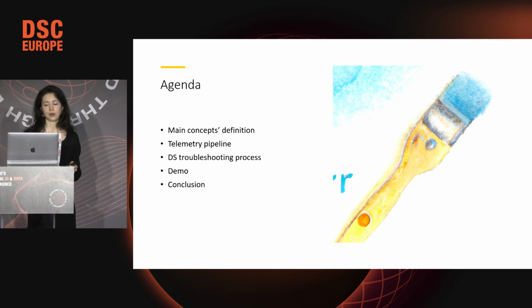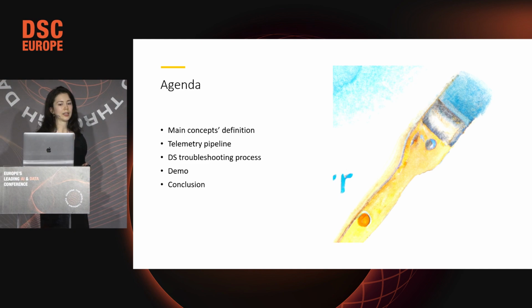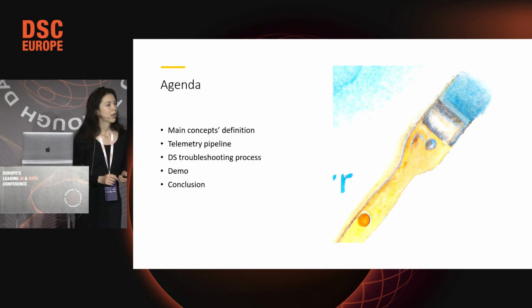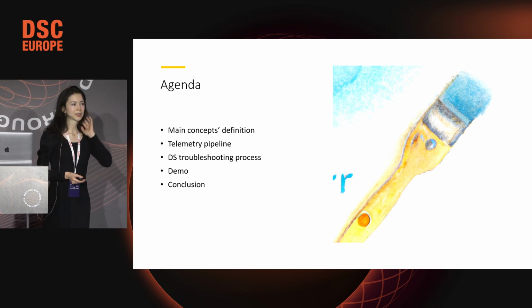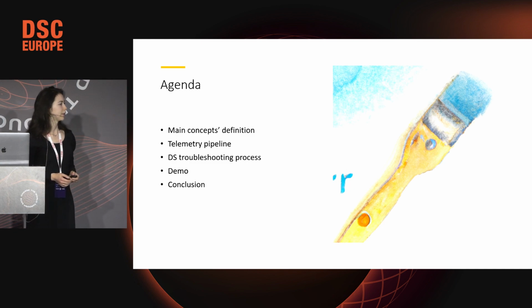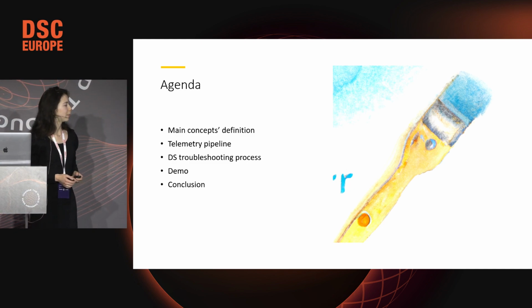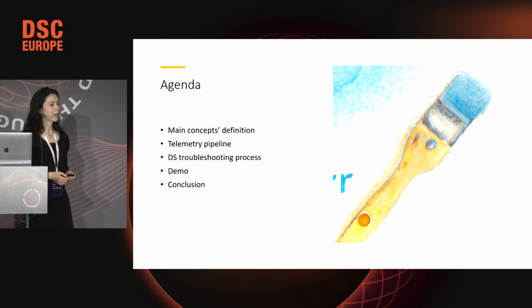Before we start off, I just wanted to quickly go through the agenda. First of all, I will describe the main concepts very briefly: what is essential for data scientists to know when debugging. Then I will quickly introduce the telemetry pipeline and main vendors in that area.